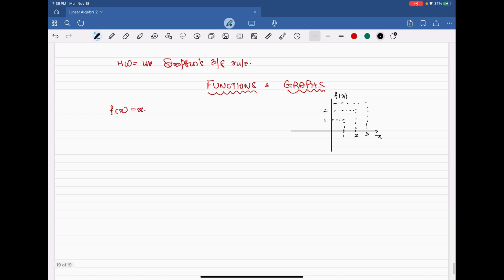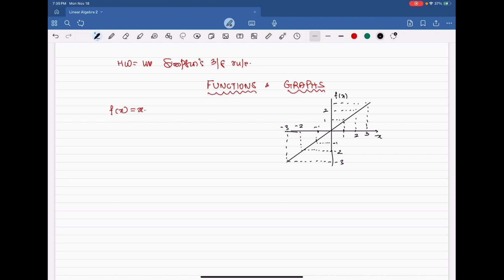Please pay attention. If x is equal to minus 1, function x value is minus 1. If x is equal to minus 2, it may look very simple, but please try to understand the concept, function x is minus 2. If x is equal to minus 3, function x is equal to minus 3. Now let us draw. You connect all these points.